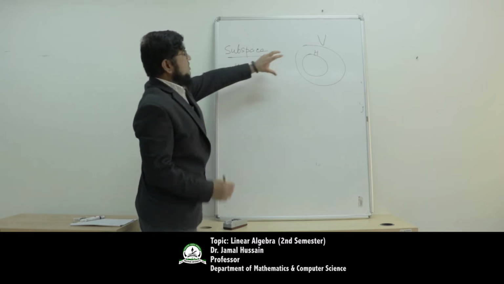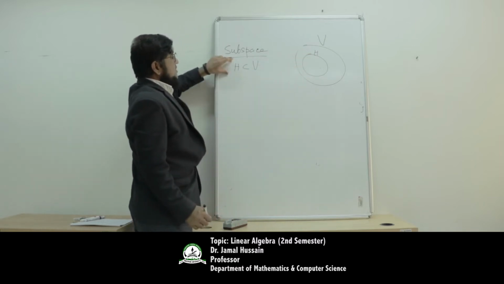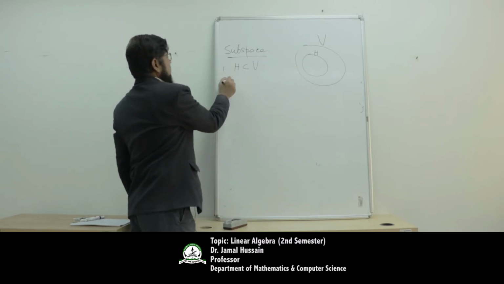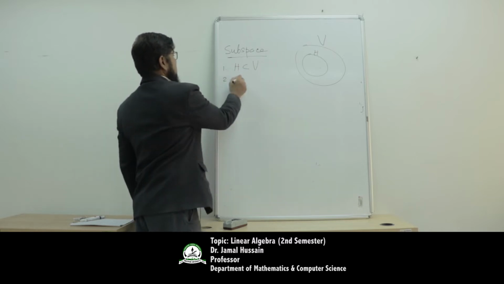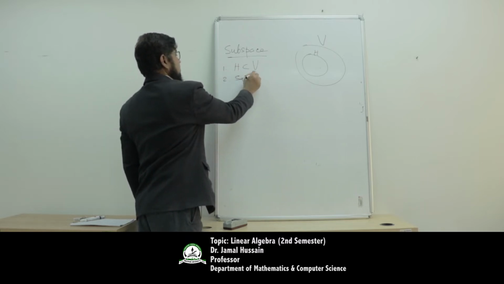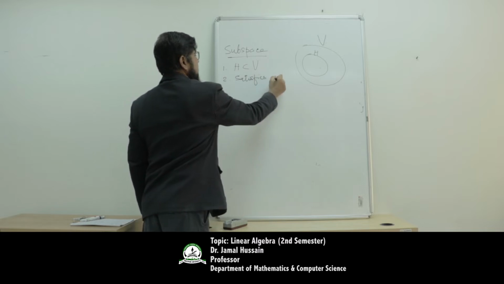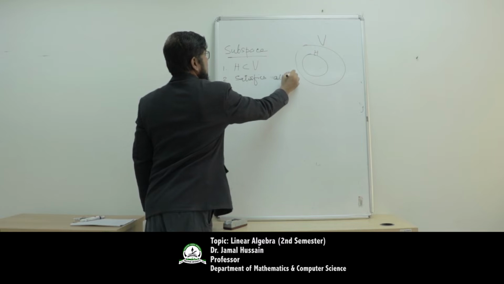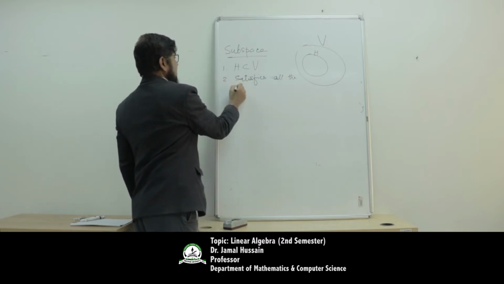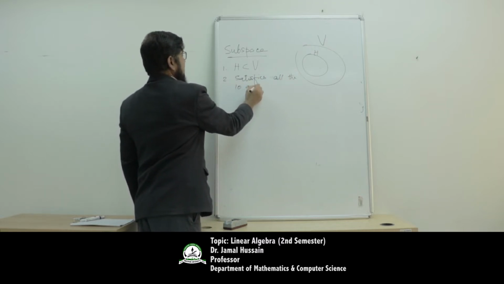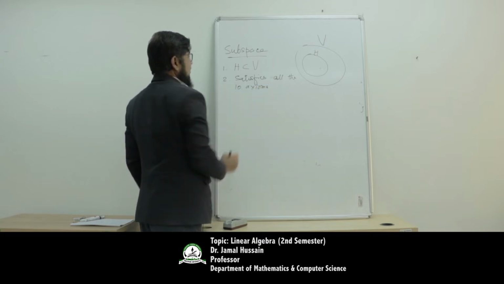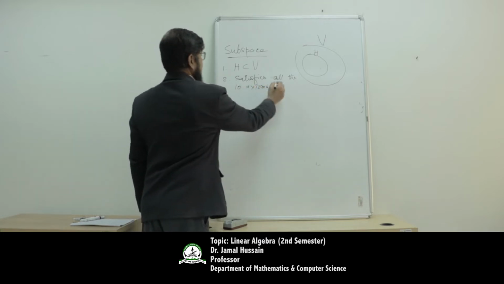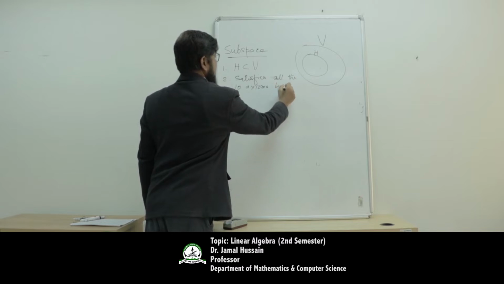What I mean is, number 1, it is a subset, and number 2, it satisfies all the 10 axioms that I defined for a vector space by itself.